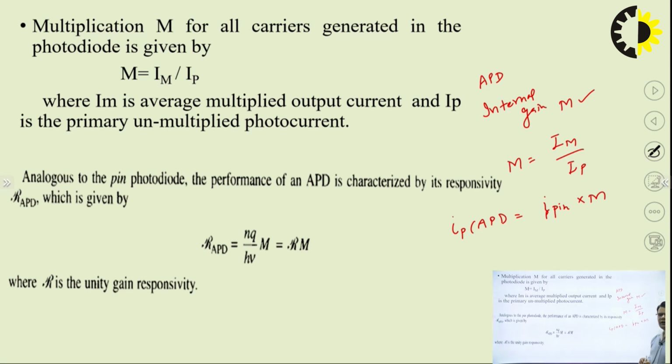Because of impact ionization or secondary carrier generation, the gain is achieved in the case of APD.